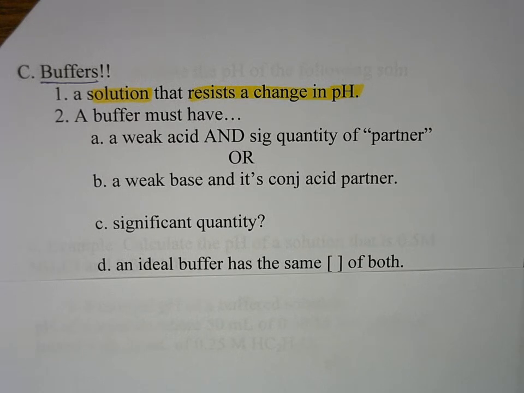Does anybody know of any important solutions that are buffers? Your blood. Your blood is a buffered solution, and it better be, because every time you drink a soda, you don't want your blood pH to go down and become super acidic all of a sudden.